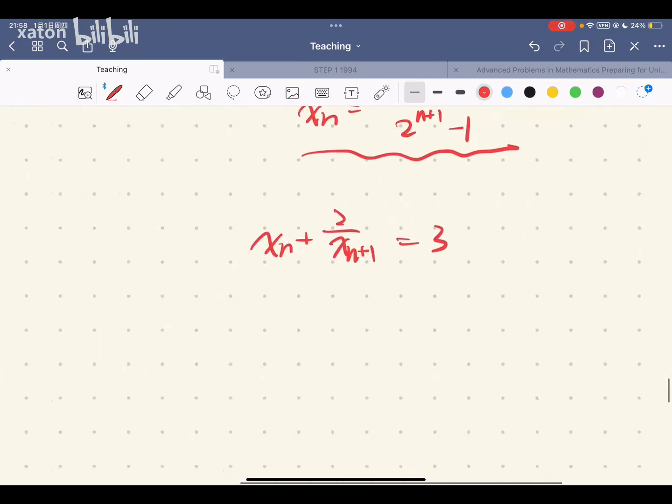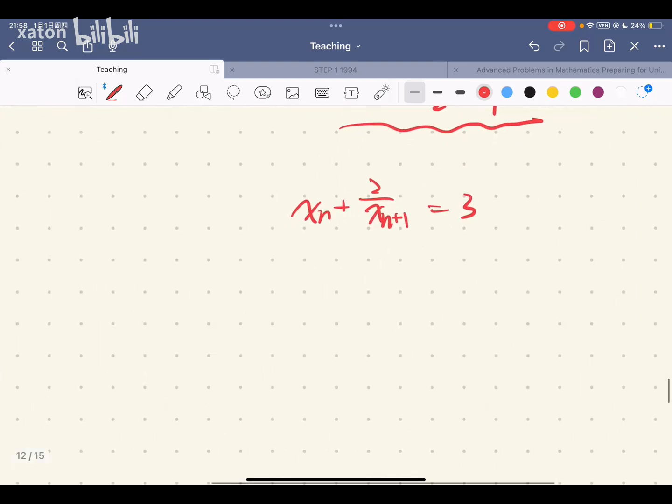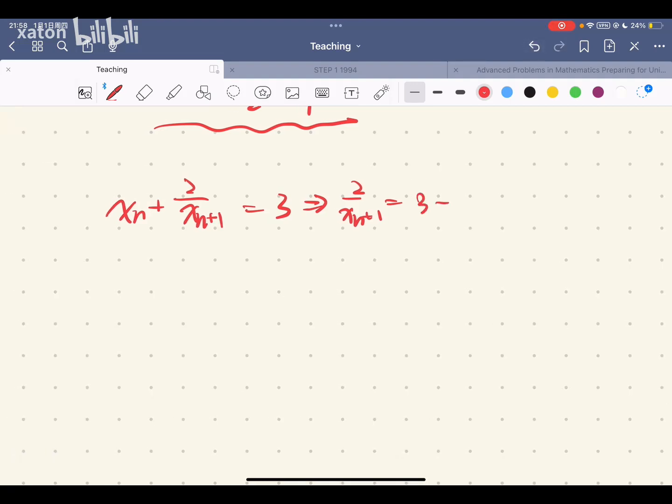So let's express xn+1 in terms of xn. So xn+1 equals 2 over 3 minus xn.